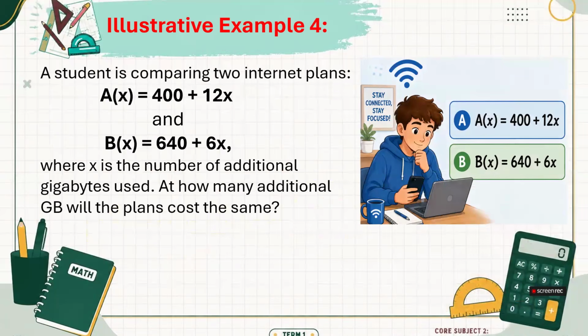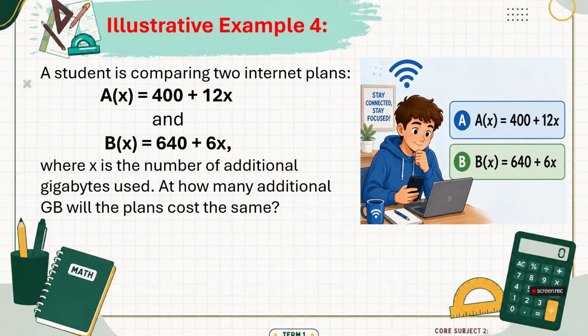Now let us proceed to the fourth example about internet plans. Let's compare two internet plans, which is plan A with function A of x is equal to 400 plus 12x, and plan B with B of x is equal to 640 plus 6x, where x is the number of additional gigabytes.